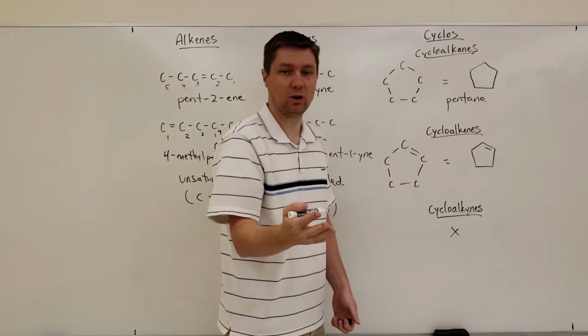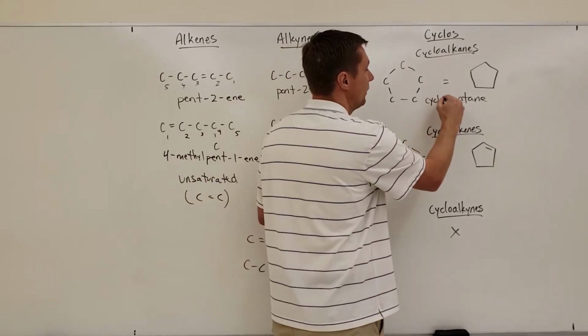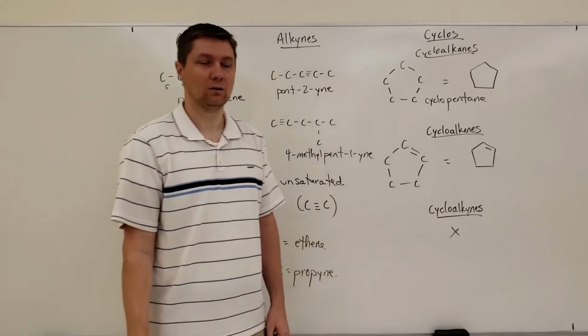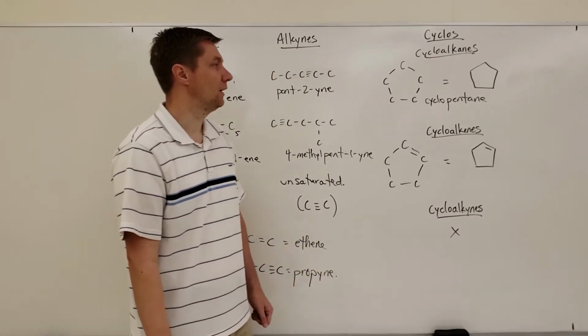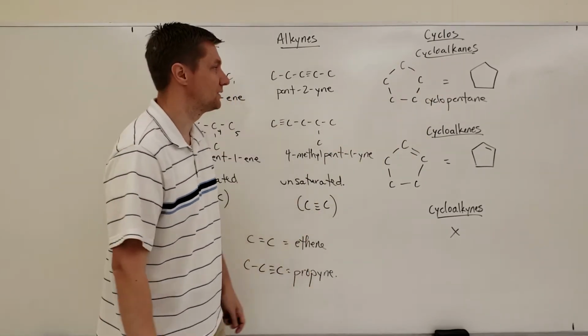So the chain is 5 long and it's an alkane because they're all carbon-carbon single bonds. We just put cyclo in the front of that. And so the name of this guy here is cyclopentane, and that's how you do those.